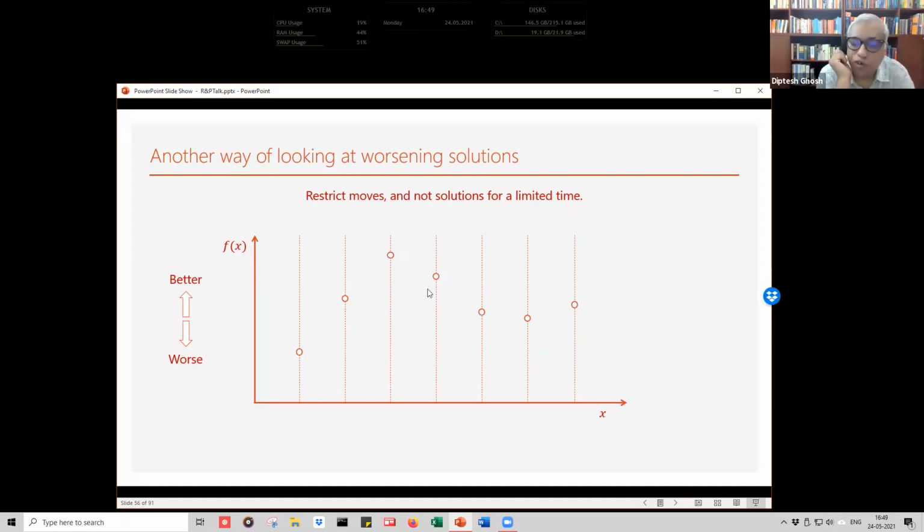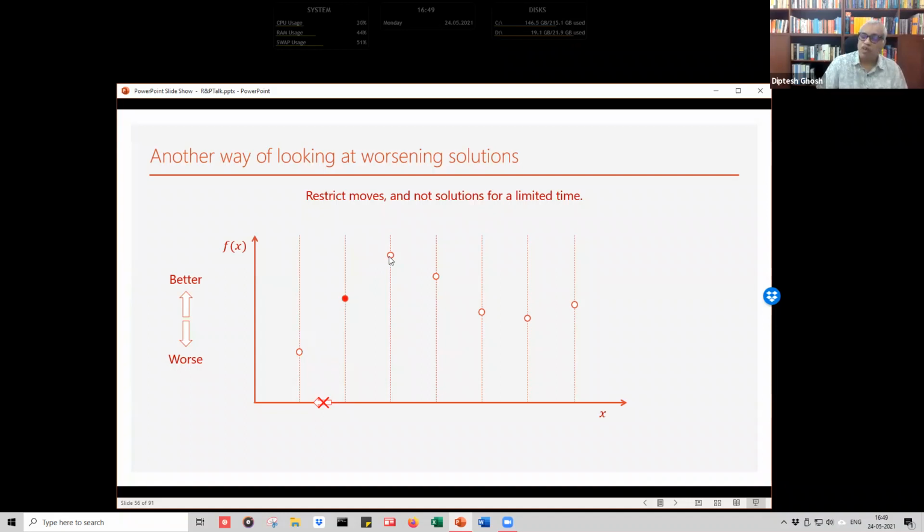Right. So therefore, what I would do is I won't store solutions, but I'll store moves that I want to restrict. So if I start from here, let us suppose from here I would move to this point, and then I would restrict the move which goes to the left, which stops me from going from this solution to this solution.